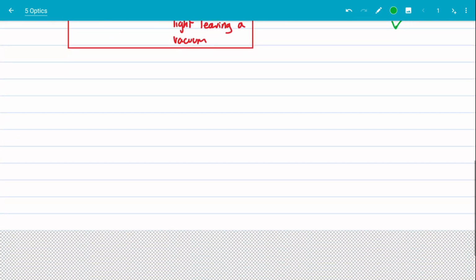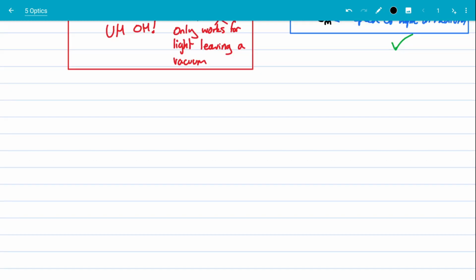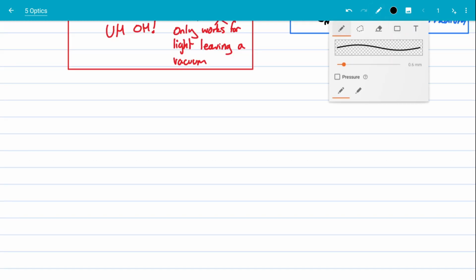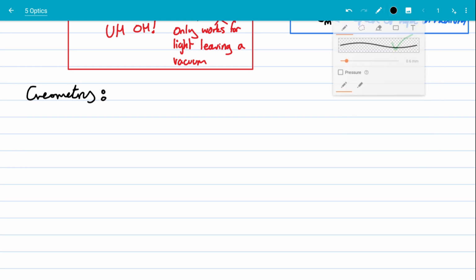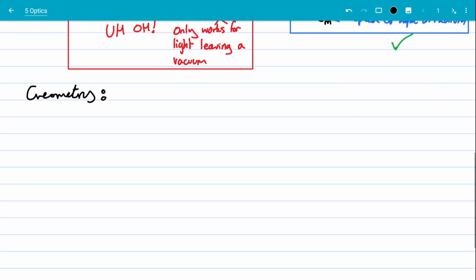But I don't want to do too much on this lesson, because otherwise we won't have anything to talk about next lesson. So let's just talk about one last thing, which is some basic geometry. And then we'll improve on Snell's law next lesson. So this thing that I'm about to draw is a rectangle. I know, how complicated.